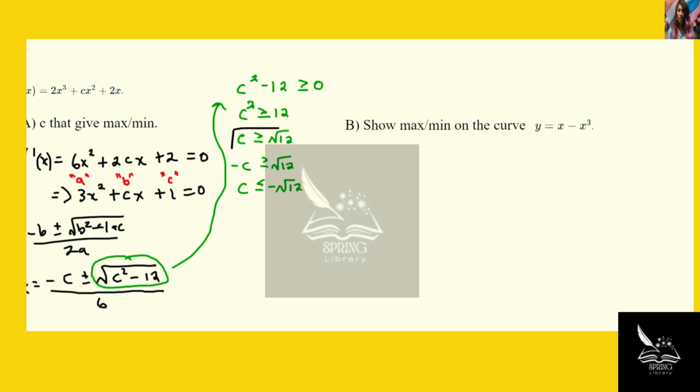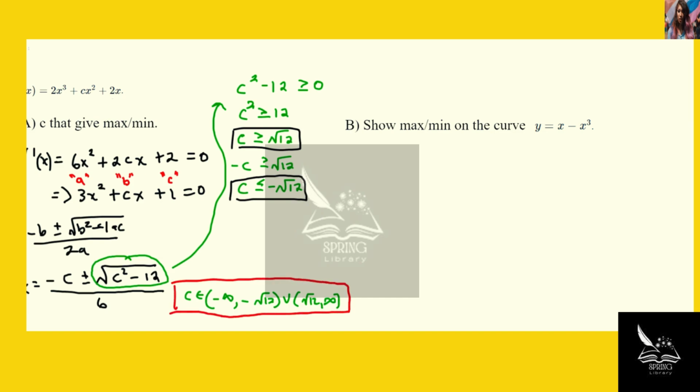So these two are the values of c that will give us a maximum or minimum. So if c is in the interval from negative infinity to negative square root of 12, union square root of 12 to infinity, then this will give us a maximum or a minimum for that class of functions.